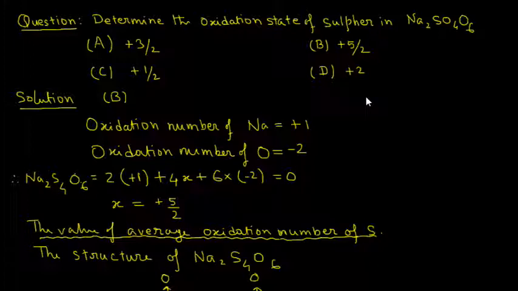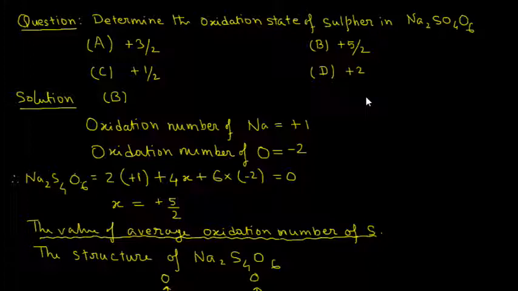Determine the oxidation state of sulfur in Na2S4O6. Options are A +3/2, B +5/2, C +1/2, D +2. So let us see how we'll solve this.